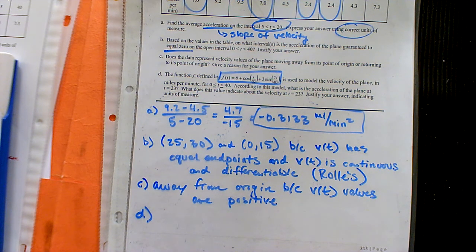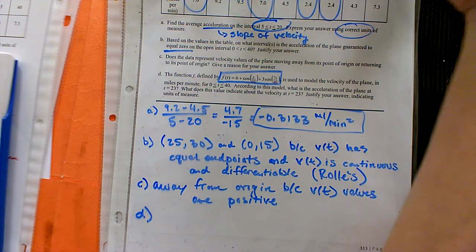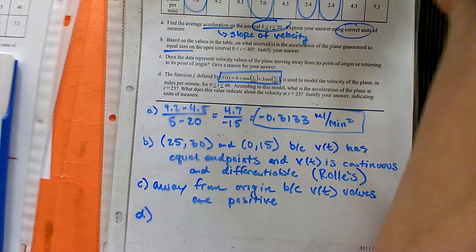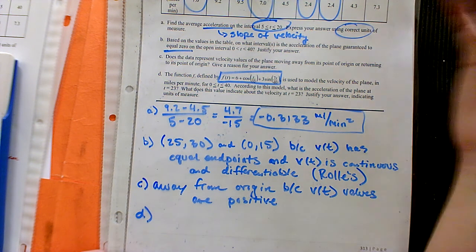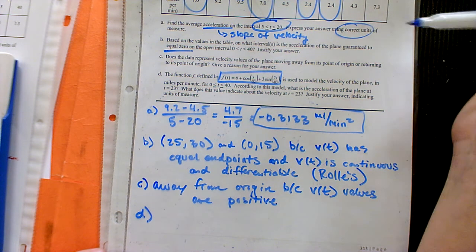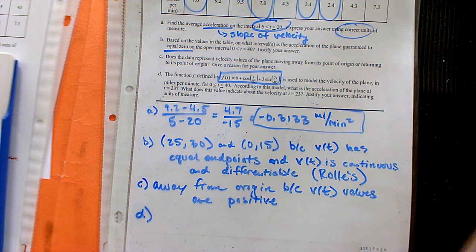So if we did have some negative values, that would mean we're moving to the left. But we would have to take into consideration how much we move to the left. So there might be a point in time where we are going back, but we don't know how much we're going back. I was just saying, if every number was negative, wouldn't we still be moving away?